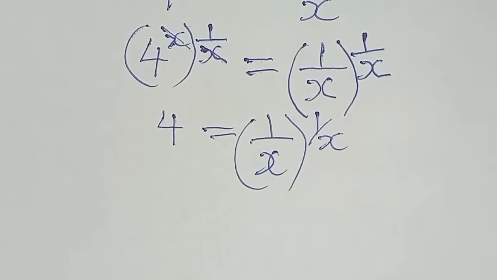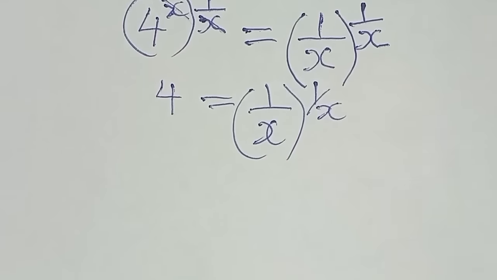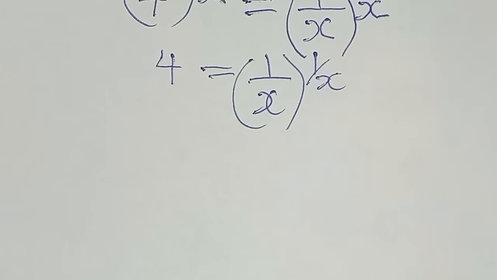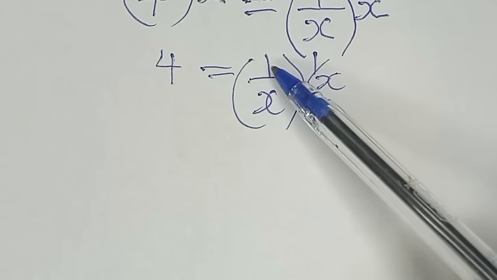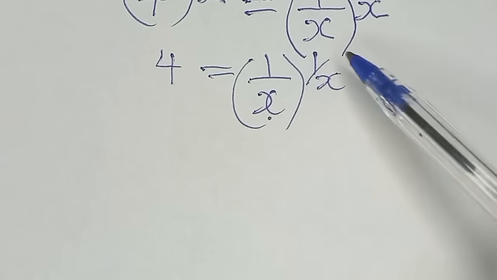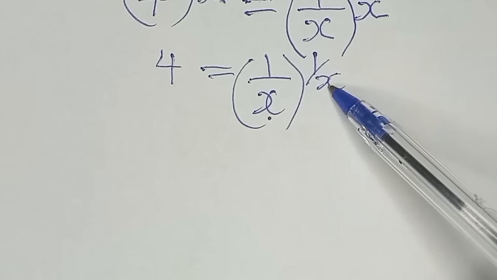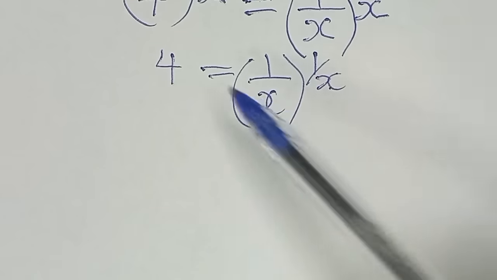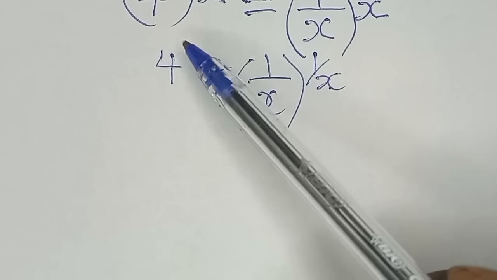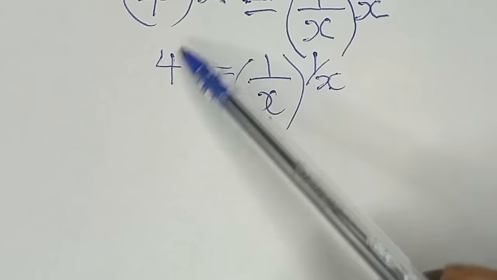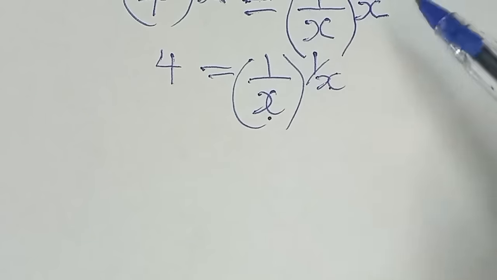Now, if you look at this right-hand side, it is in index form. So this right-hand side has power. And the base, which is 1 over x, is the same thing as the power, which is 1 over x. In the same way, this 4 can be broken down to base and power that are the same. And how do we do that?